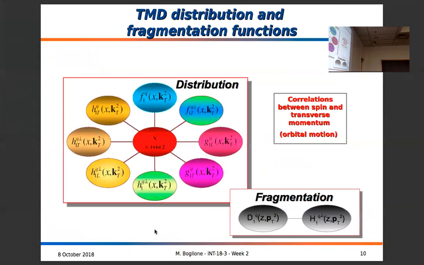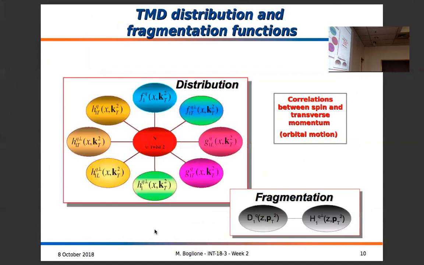Now, many of the speakers of today have already shown you that if you become transverse momentum dependent, transverse momentum sensitive, your distribution functions, which in the collinear approximation are 3 different functions, become 8 functions.